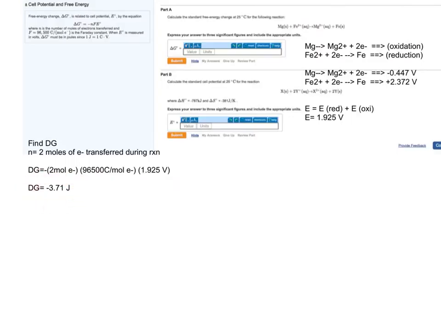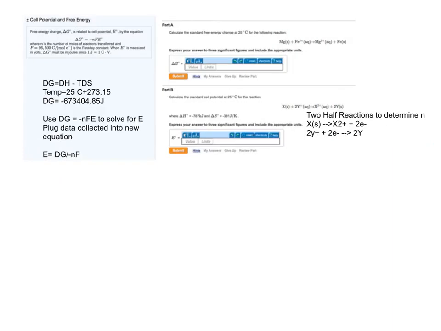For part B, we are asked to calculate the standard cell potential at 25 degrees Celsius for the reaction, which is given here. In order to do so, we need to use the following equation. The equation that we're going to use is delta G naught is equal to delta H naught minus T delta S naught.